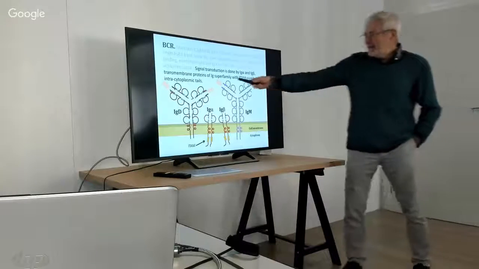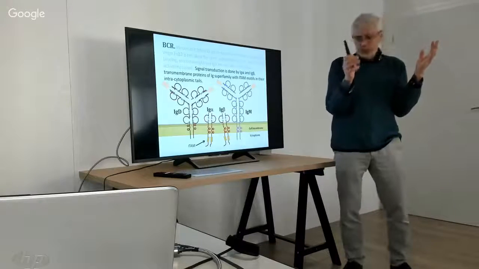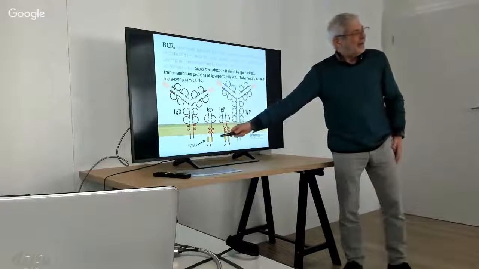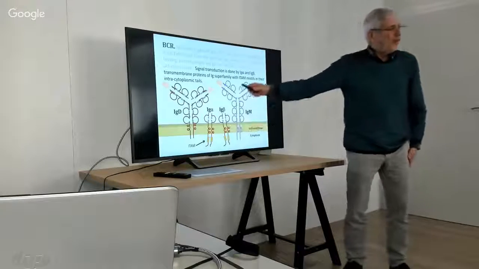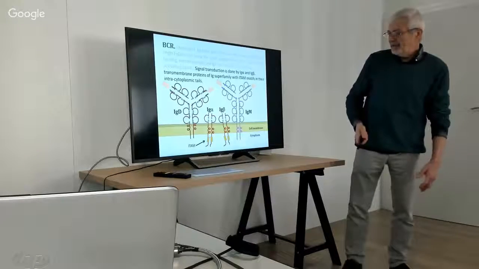When the antigen interacts, they perceive the modification of the immunoglobulin, become phosphorylated and act as docking sites for different kinases, which then transduce the signal to the nucleus and activate the genes.